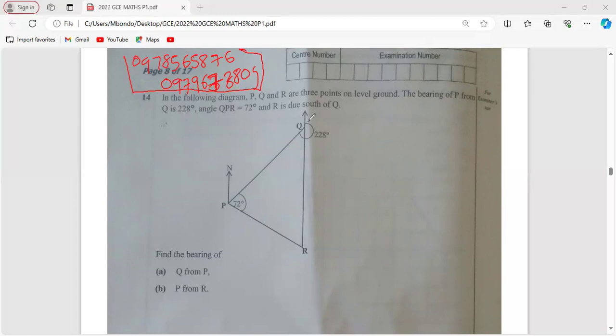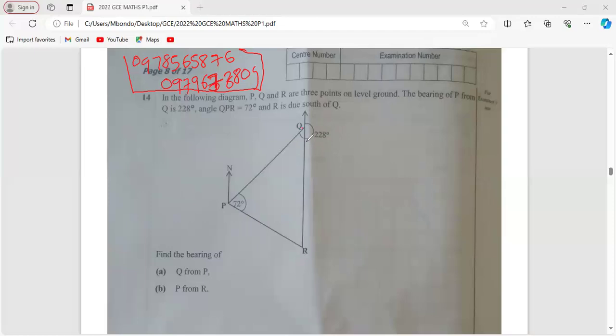Okay, so meaning here we have a straight line from Q to R. From Q here to R down there, this is a straight line. I think that is what is meant there, so we could get that as a clue.